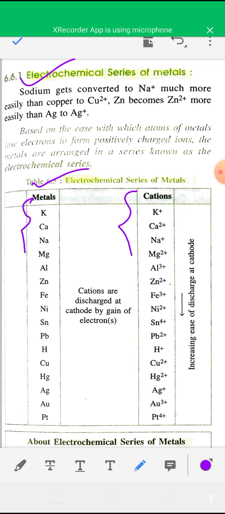And some metals like copper, mercury, silver, gold are less reactive metals, and these are placed at the bottom of this series. And some metals like zinc, Fe, nickel, tin are moderately reactive metals. These are placed in between reactive and noble metals.